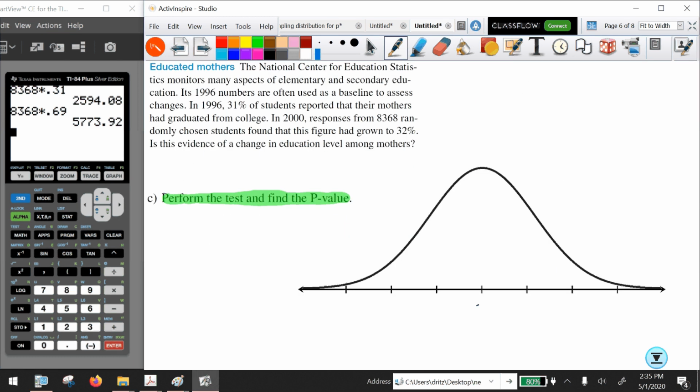So the mean is centered at 31, and our standard deviation, we're going to have to calculate that. I'm going to use a calculator here.